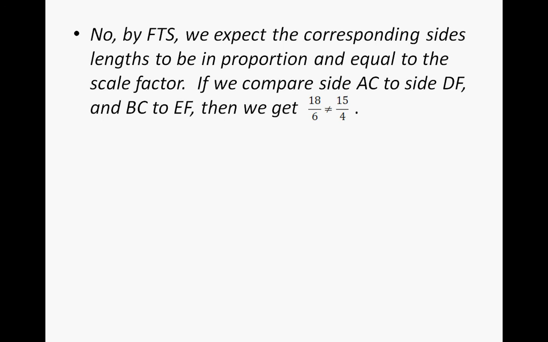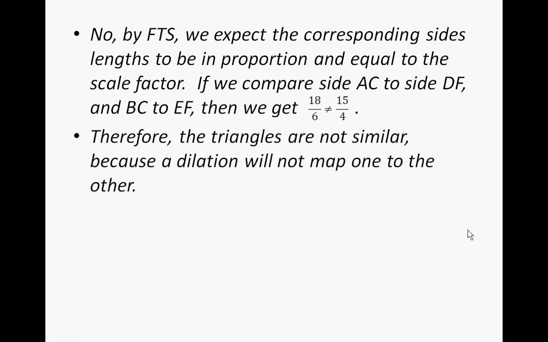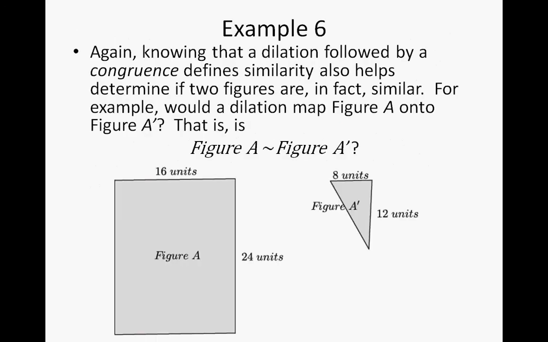So we don't even need to do any congruence testing because we already know that these two are not dilations of each other. So therefore the triangles are not similar because the dilation will not map one onto the other.